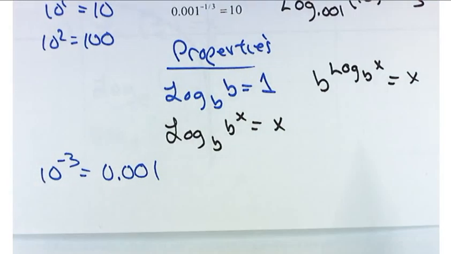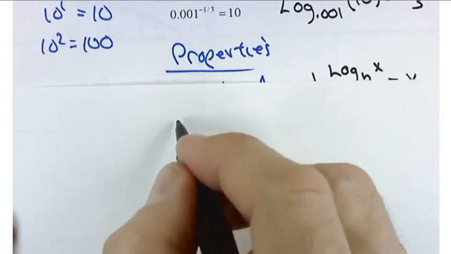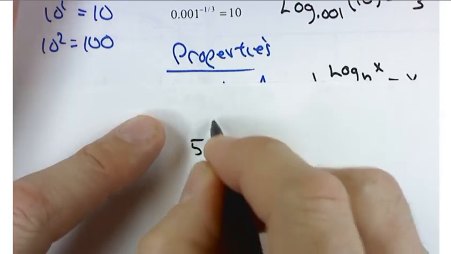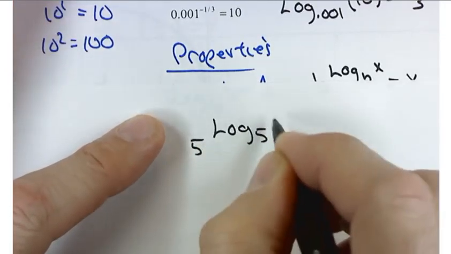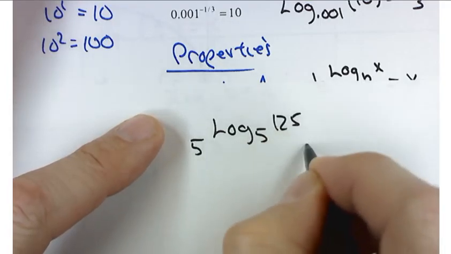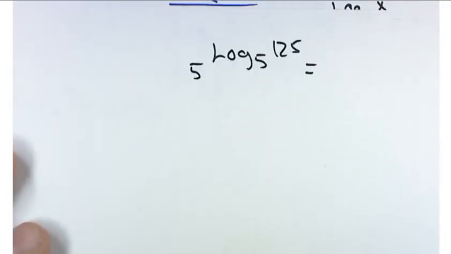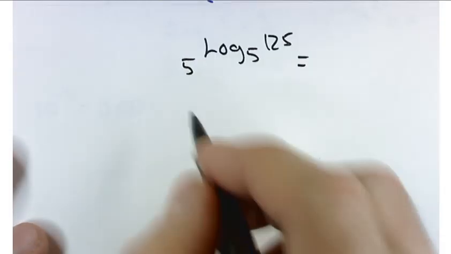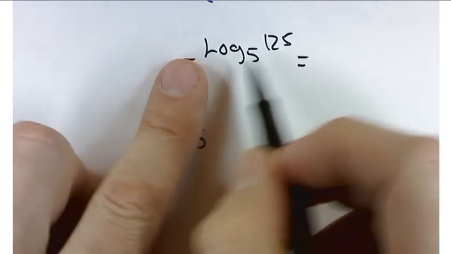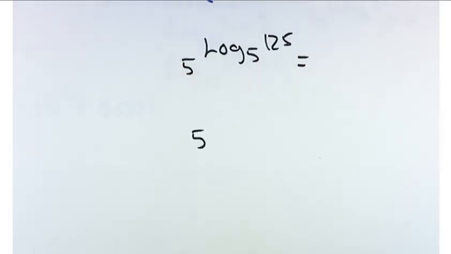Let me see if I can give you a good number example that we can work through kind of slowly. Let's do 5 to the log base 5 of 125. And let's figure that out slowly. So let's start out with 5, log base 5 of 125. We've already done that one today, I think.